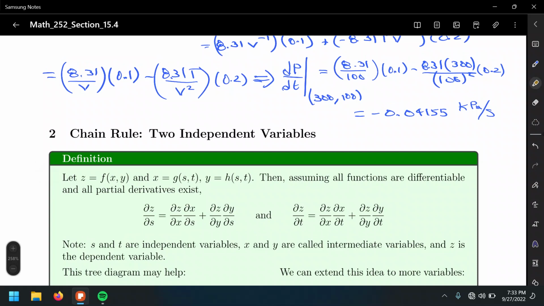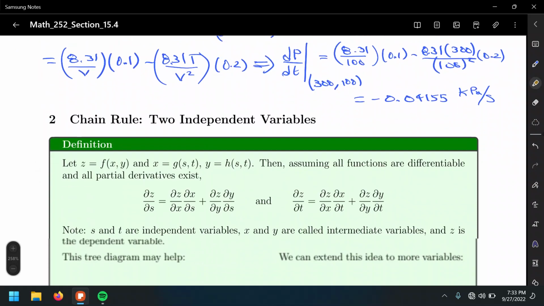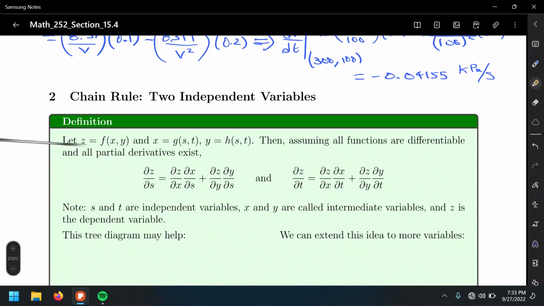Well, in the previous case, what did we get? Of course the same function z, a function f of x and y, but at the same time those x and y are g and h respectively, but this time not depending on just t like in the previous case.